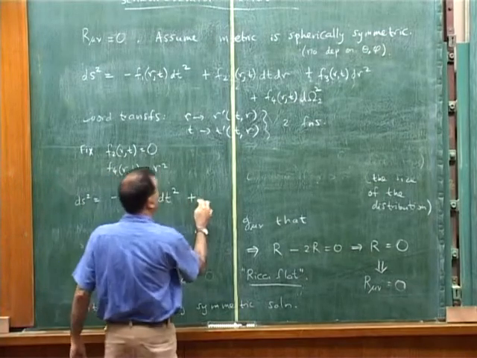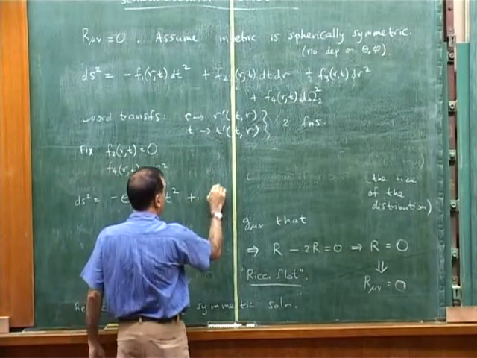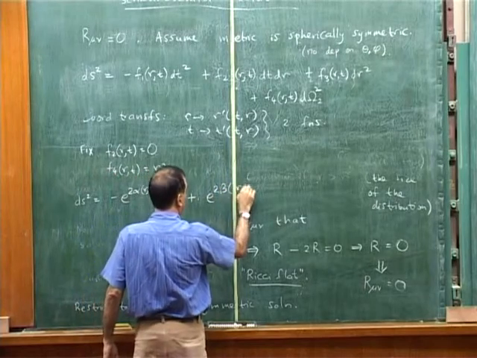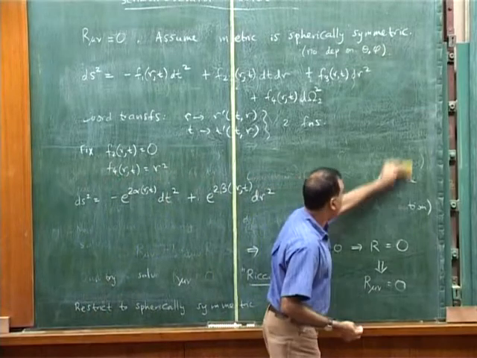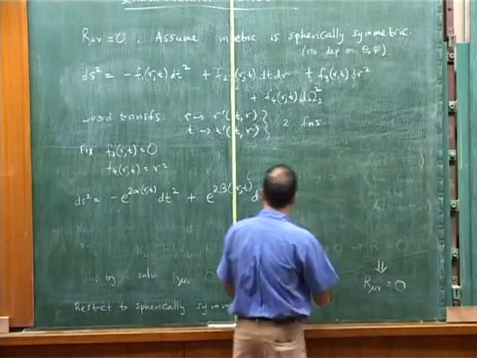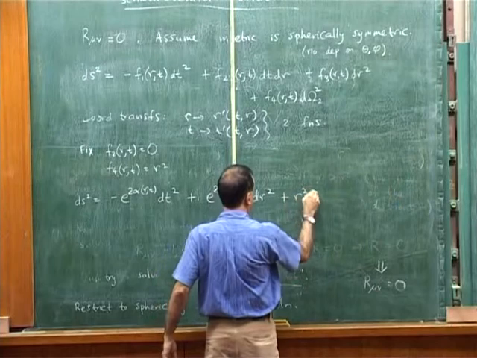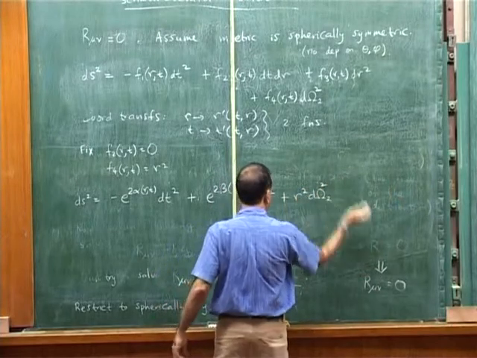Okay, next I'll rename the function f3 to beta. Same thing about beta. And then finally I'll just write r squared d omega squared.